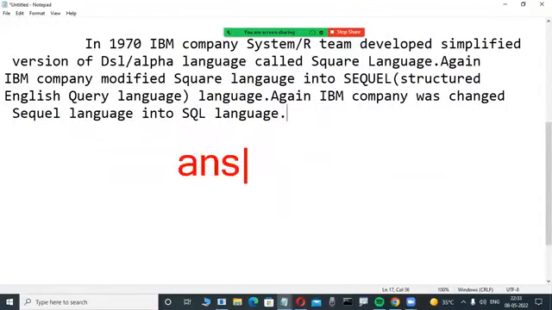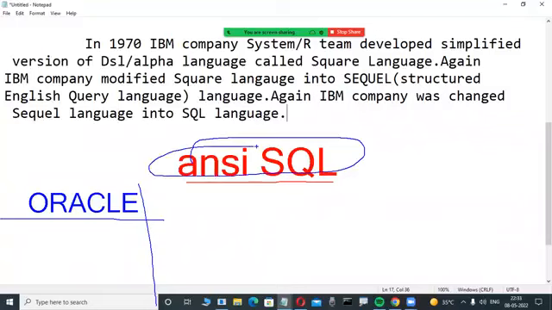Oracle is also a relational data model product, and for operating it we use SQL language. But from this ANSI standard SQL, Oracle created its own SQL, called Oracle SQL. Conceptually the same, but syntactically the functions are different.